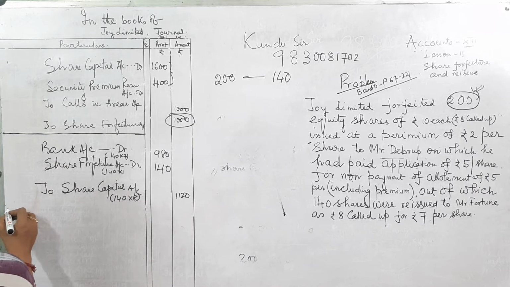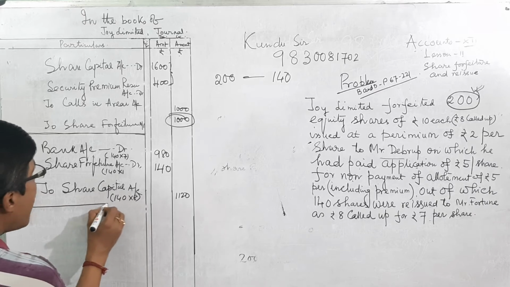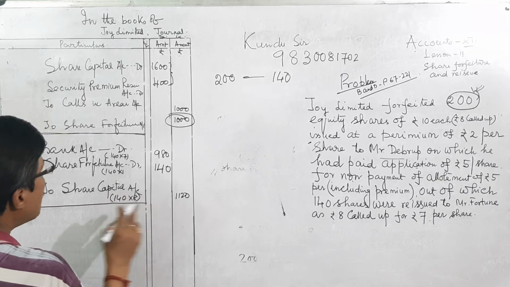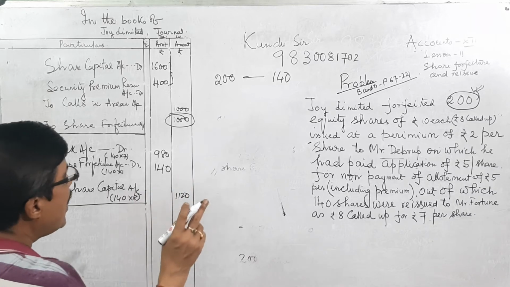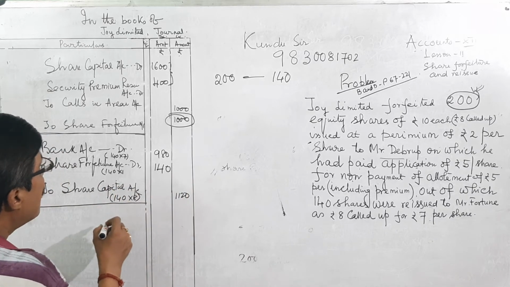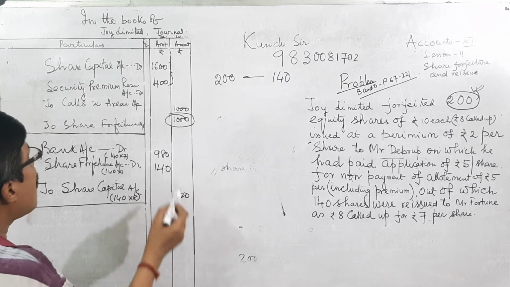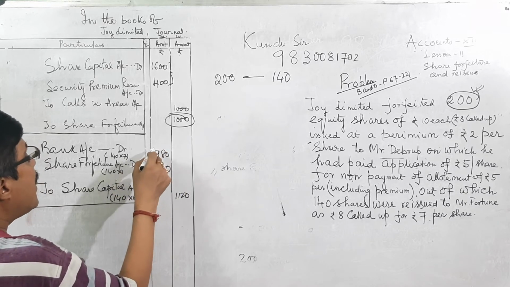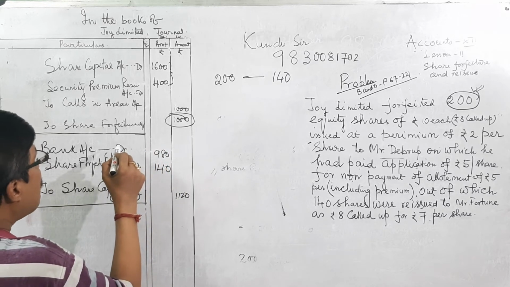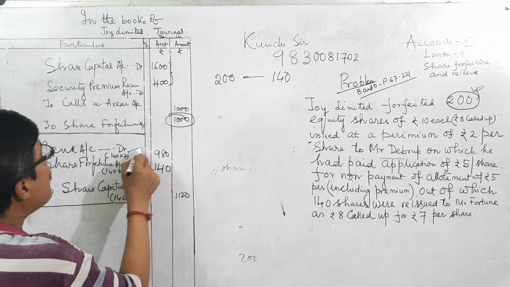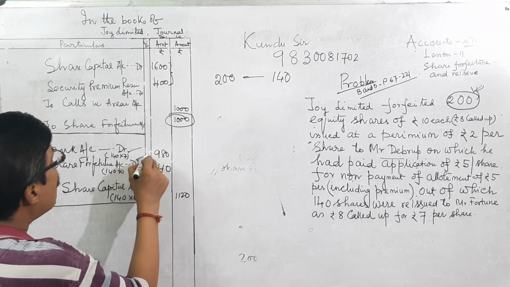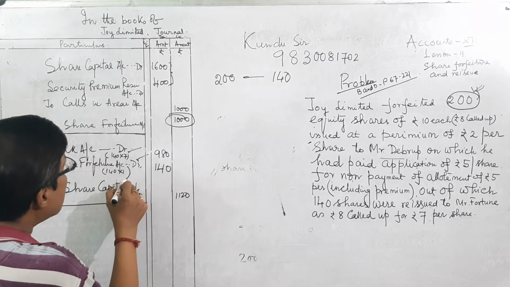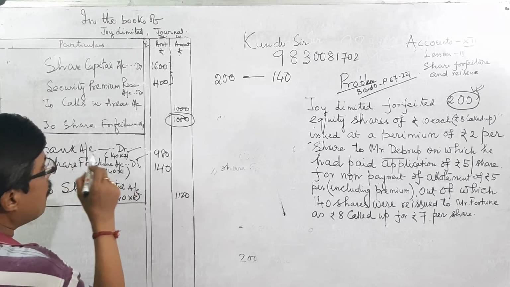We are reissuing the 140 shares to Mr. Fortune at a price of rupees 8, out of which he is making payment at rupees 7 per share, and 1 rupee we are providing discount which we are adjusting out of share forfeiture account.